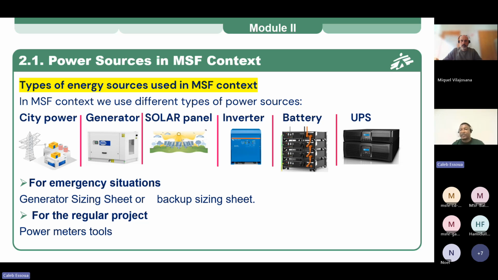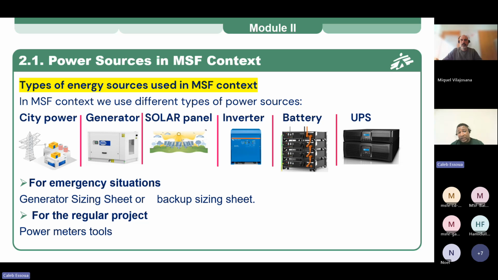If you don't have anything, you go to Unicard. You start looking at this information, and then you can size your generator. Same thing for your backup system. If you want to use an inverter with batteries, you also have to list down what you want to put on it, so that you make your sizing according to what you have.